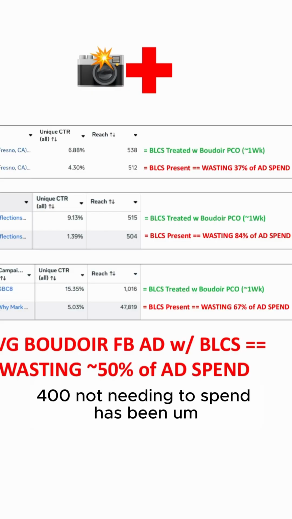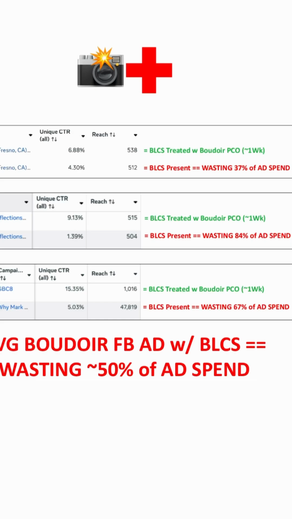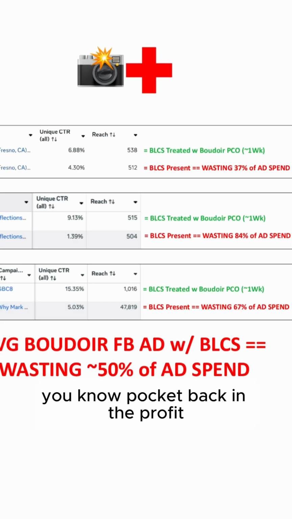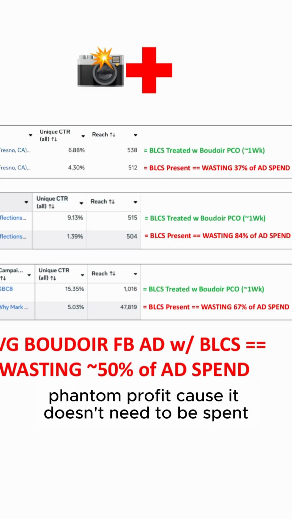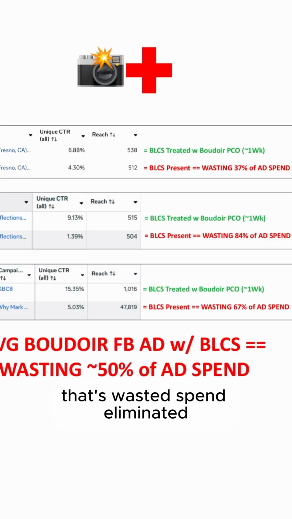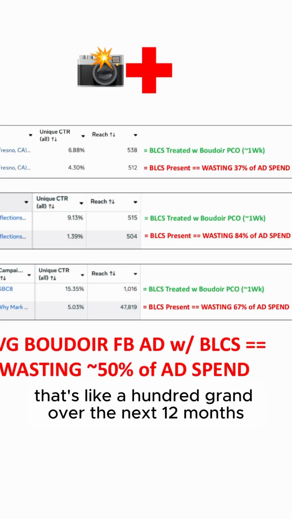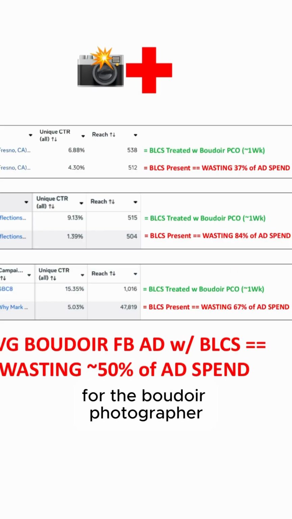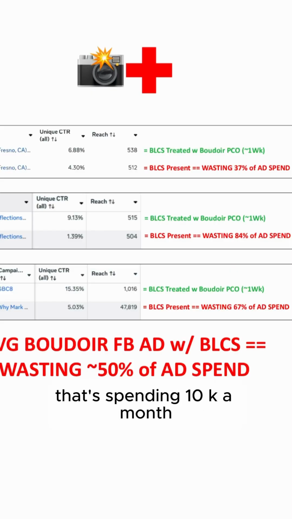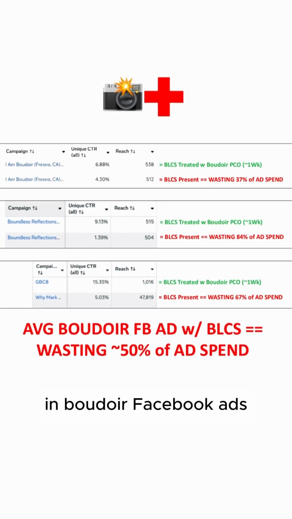So 8,400 not needing to spend goes back in the pocket as phantom profit, because it doesn't need to be spent. That's wasted spend eliminated. That's like 100 grand over the next 12 months for the boudoir photographer that's spending 10K a month in boudoir Facebook ads.